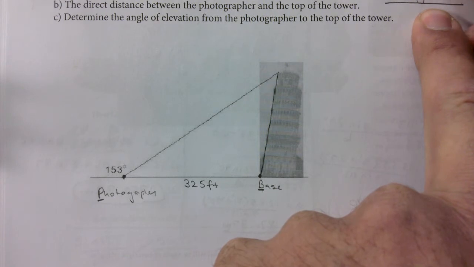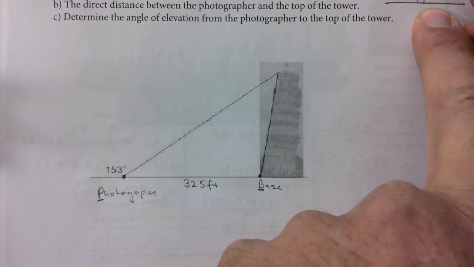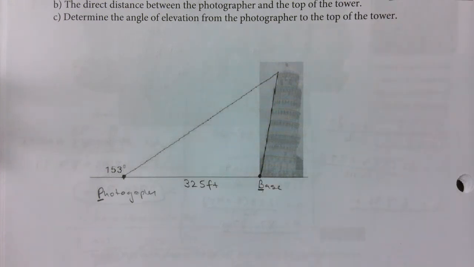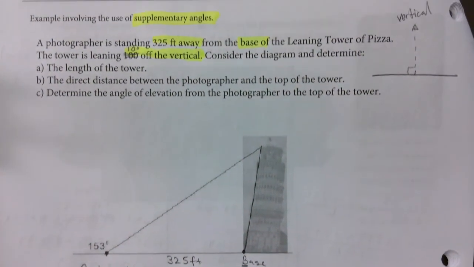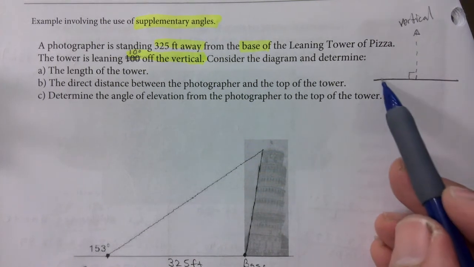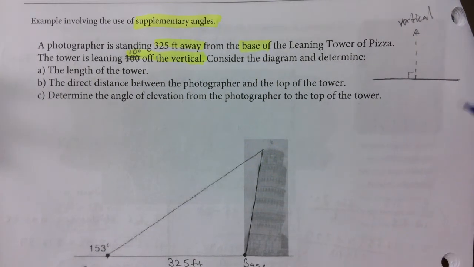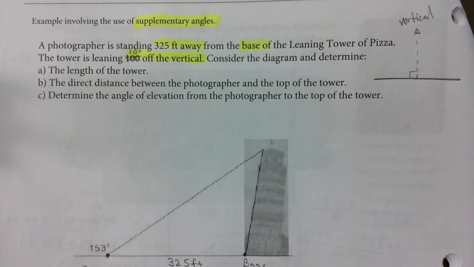So this is a vertical line. Oops, can't see that, sorry. My bad. So if this is the ground, vertical goes like that. Think of this, horizon, right? The sun sets on the horizon, horizontal, vertical goes up and down, okay?